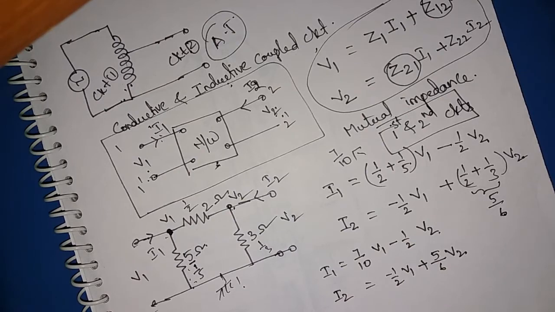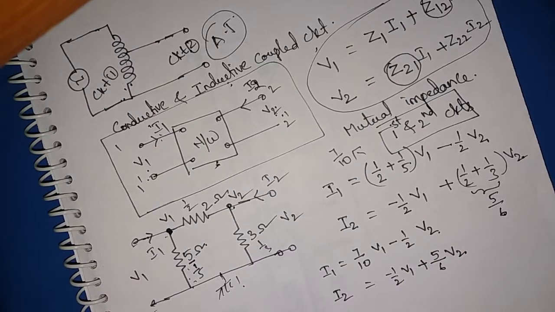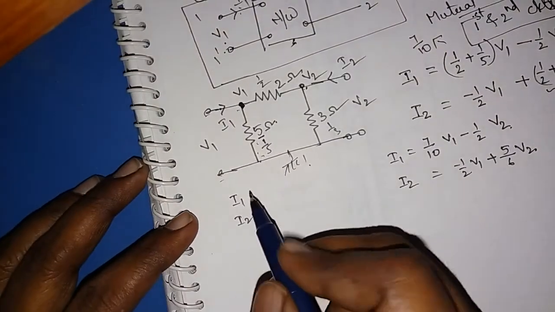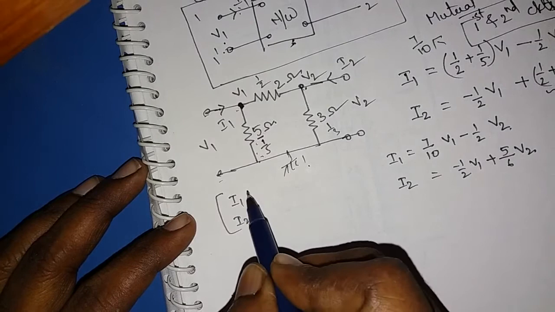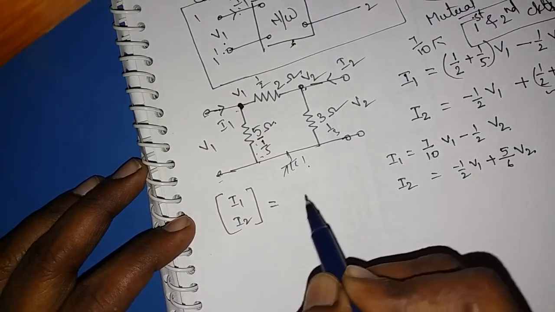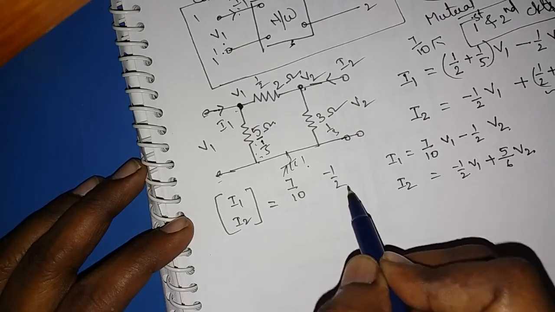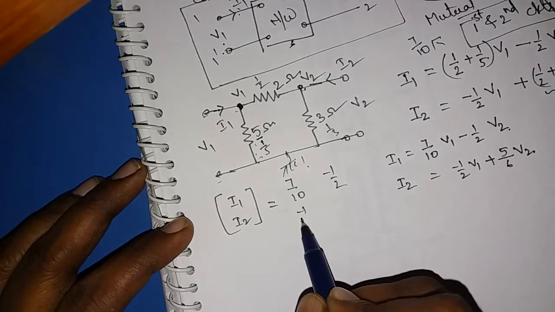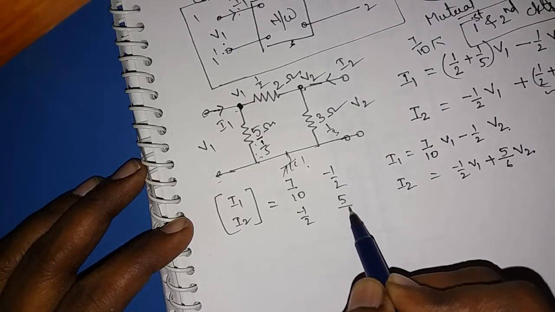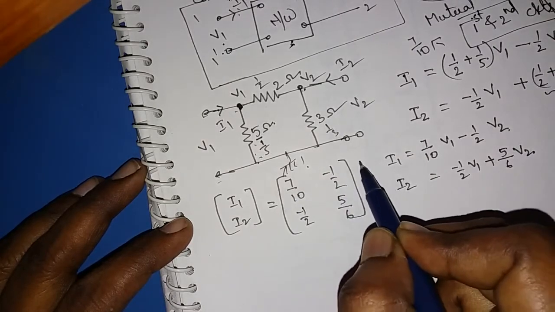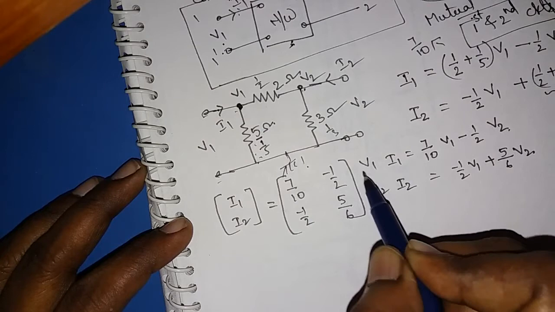Then you can write in the matrix form I1 I2 equal to the matrix 7 by 10, minus 1 by 2, minus 1 by 2, 5 by 6, times V1 V2.